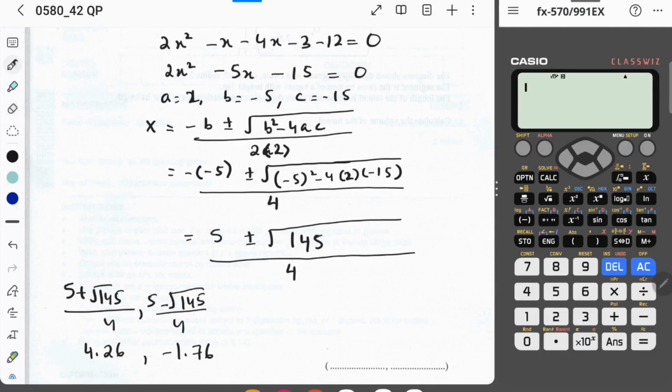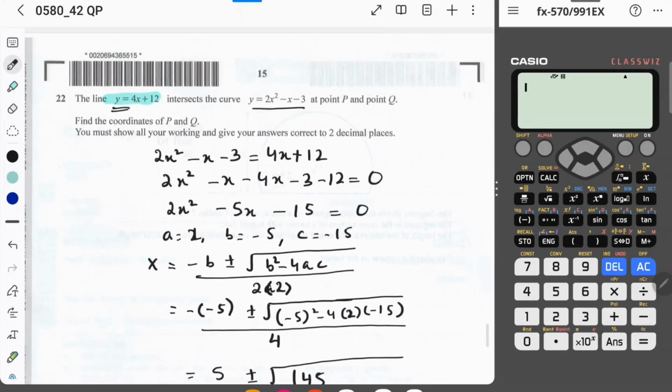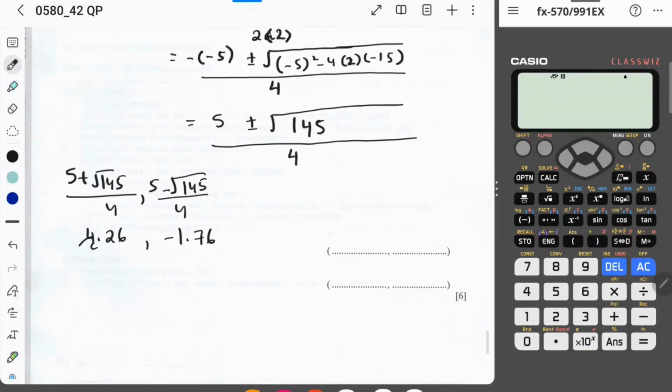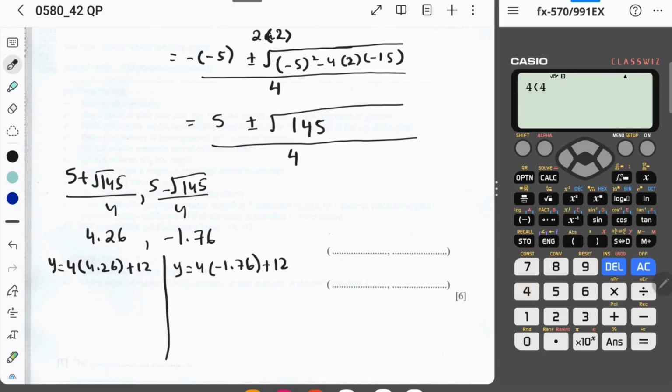So here y is equal to 4x plus 12, and then the other one, y is equal to 4 times minus 1.76 plus 12. Calculate the value. 4 times, that is 4.26, and that is plus 12.